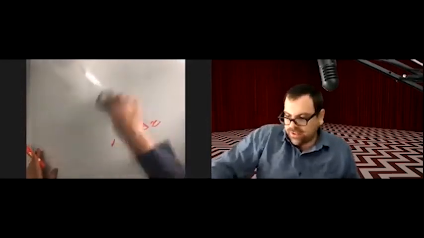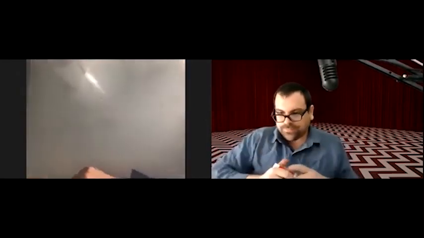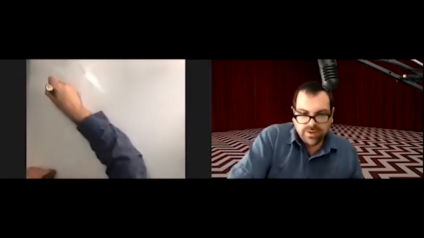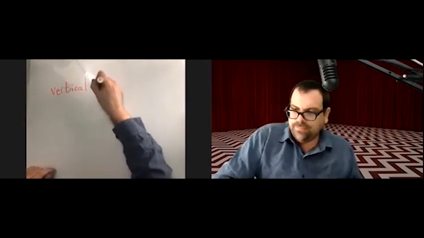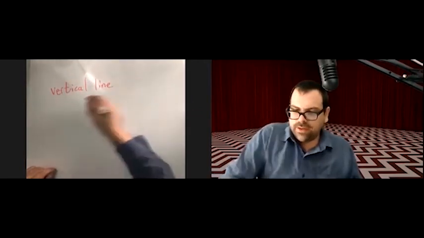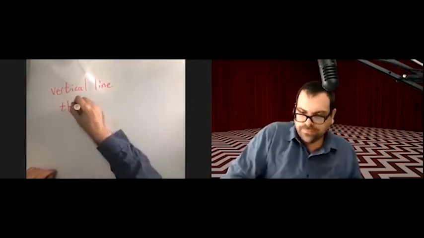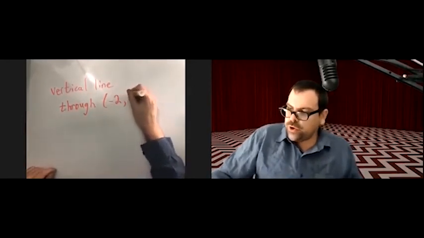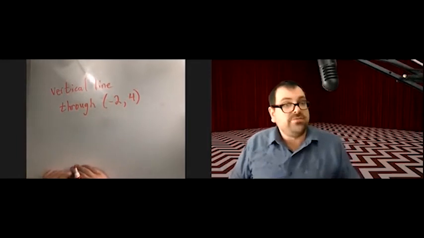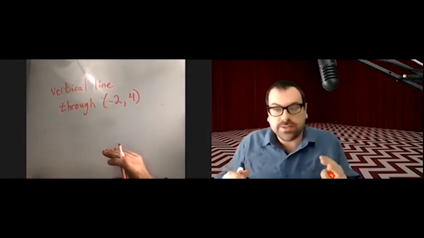Why am I pointing this out? Well, recall if I said I wanted the vertical line through (-2, 4). Remember my shortcuts.